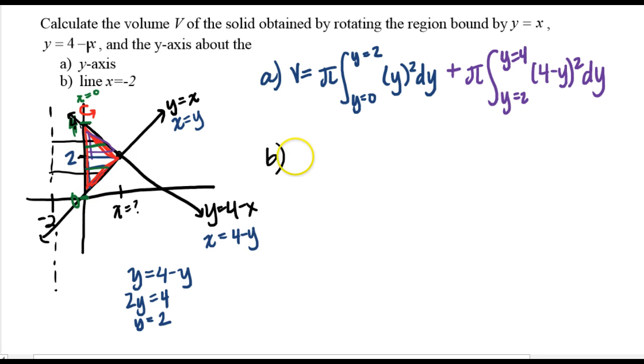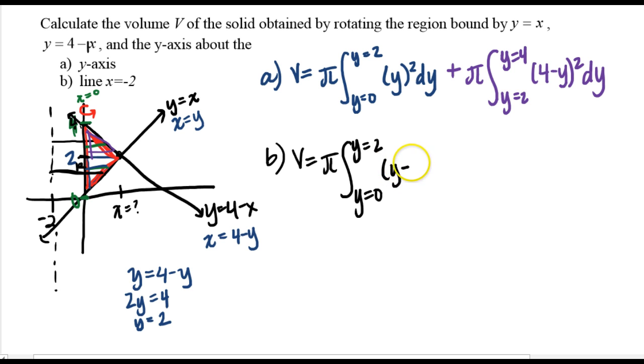So for part B, the volume is pi times the integral from 0 to 2. Nothing changes about that middle point where they intersect. But now there's a big radius. So the right function is y, and the left function is negative 2.